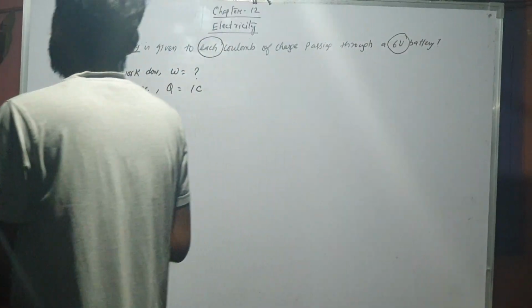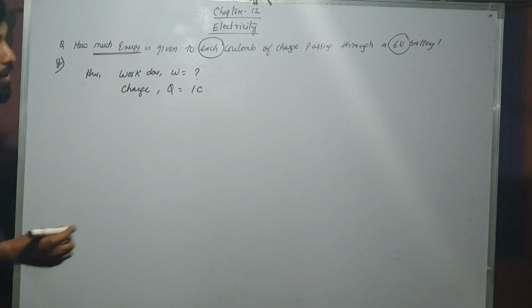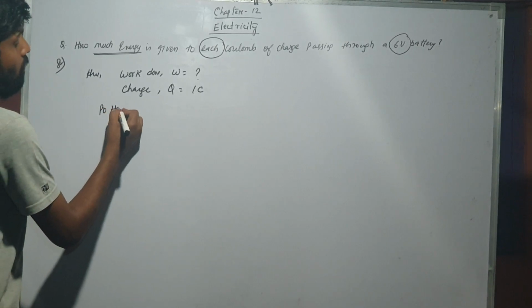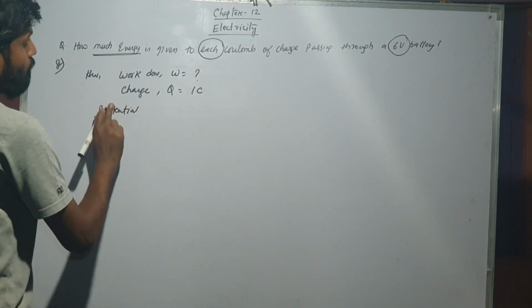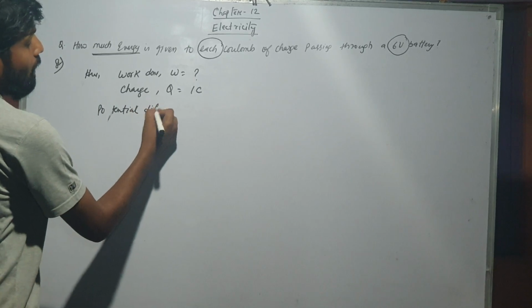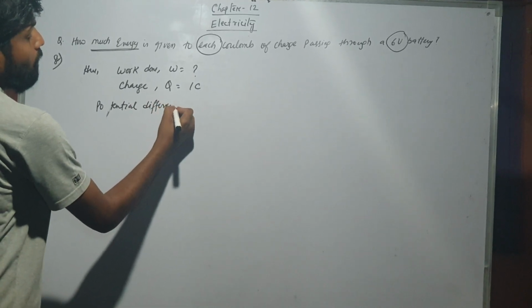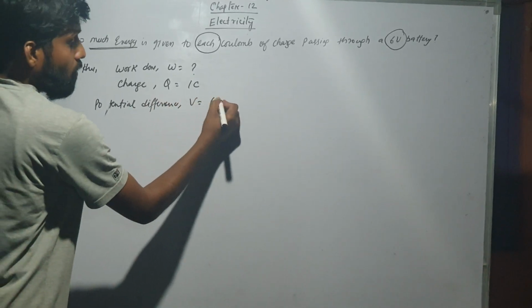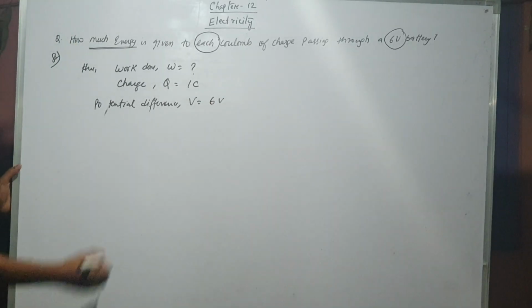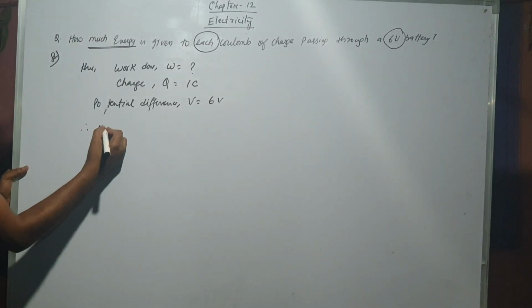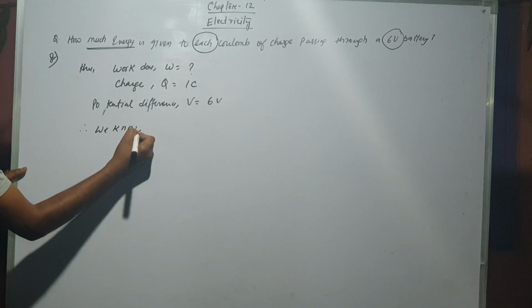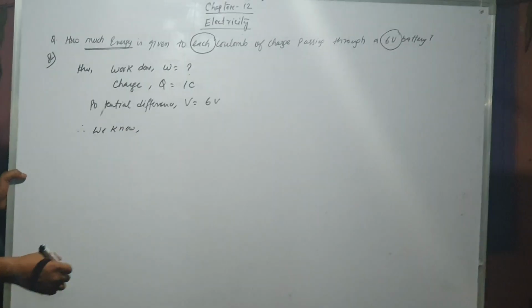6 volt battery here. Whenever they say battery, that means they are talking about potential difference. Okay. So potential difference, that is your V is equal to how much here? 6 V here. Okay. Now therefore again what can we write here? We know what is the formula for electric potential difference?